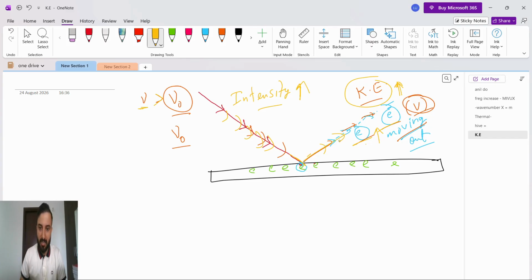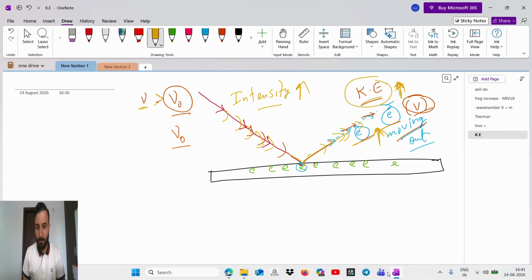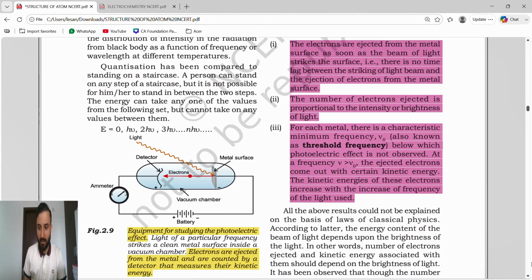The electrons ejected are also very high. If electrons are ejected at a faster rate, kinetic energy is also higher, because kinetic energy depends upon speed. I hope this point is clear, guys.